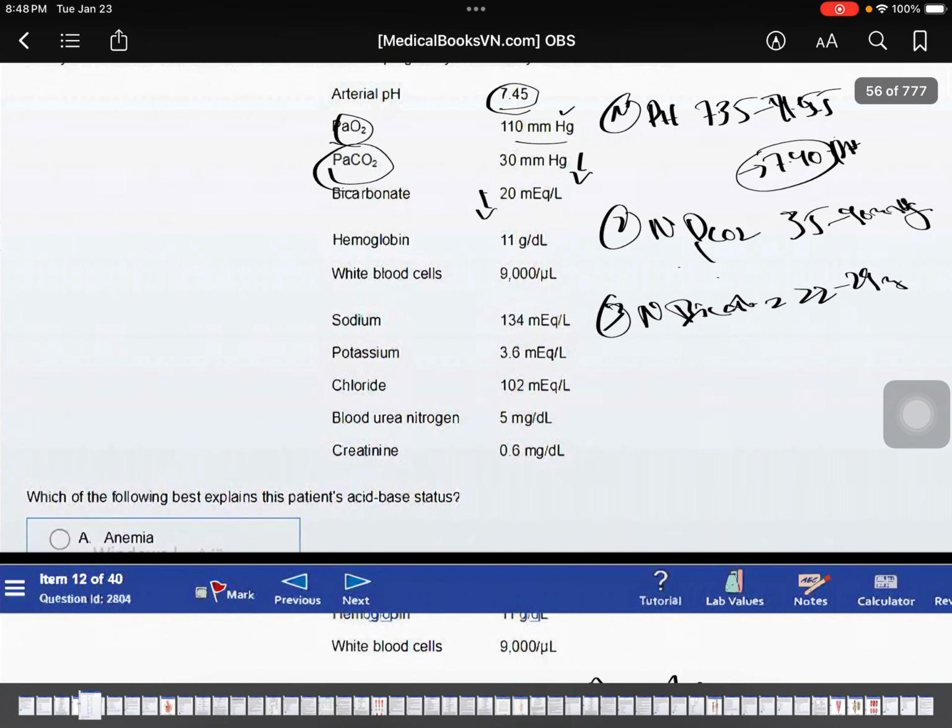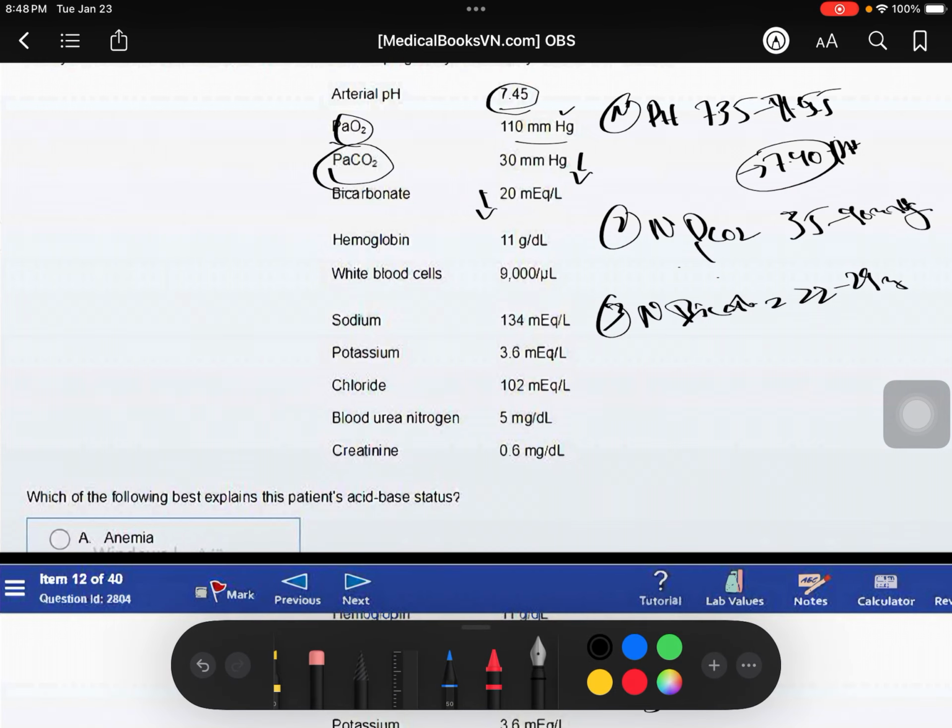Because from the laboratory findings, the partial pressure of oxygen is normal, the partial pressure of carbon dioxide is a little bit decreased, the normal being 35 to 40 mm of Hg, and the normal bicarb concentration is 22 to 29 milliequivalent per liter, but here it is 20 milliequivalent per liter.